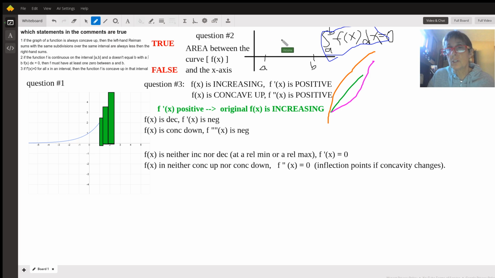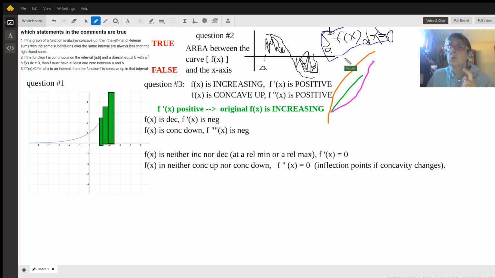So you could draw something like this, and as long as this area below is the same as this area above, this integral will equal 0.